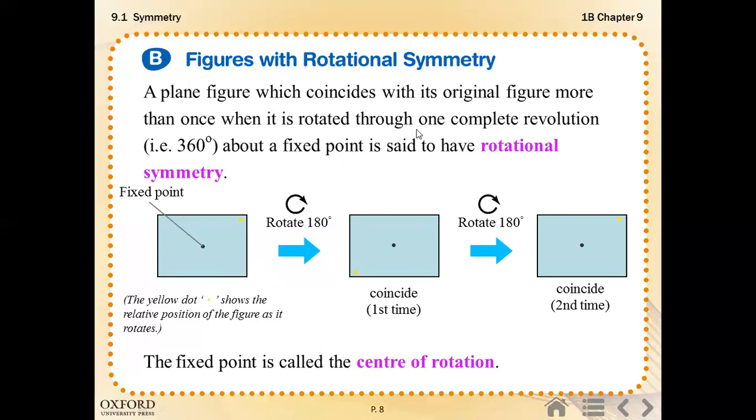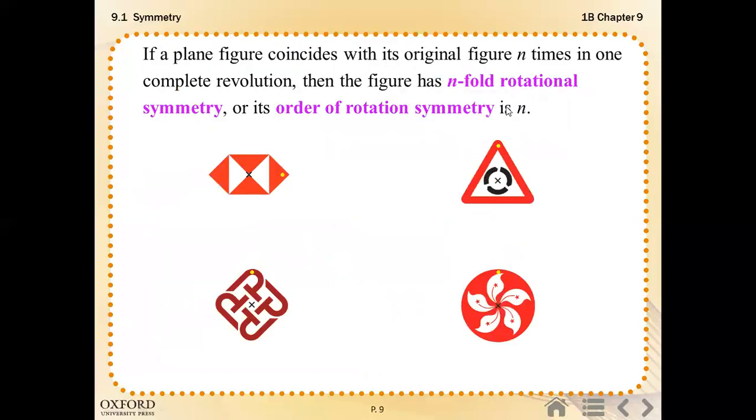In one complete revolution, 360 degrees, I can get the same rectangle 2 times. So I call this two-fold rotational symmetry, or the order of rotational symmetry. If 2 times, then the order is 2.